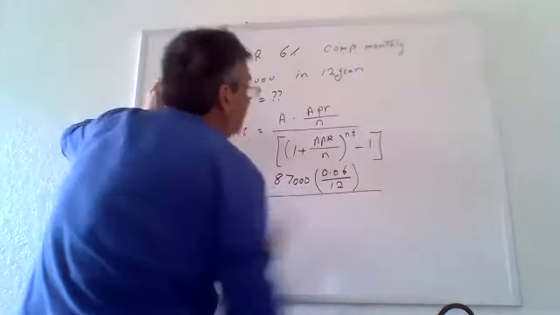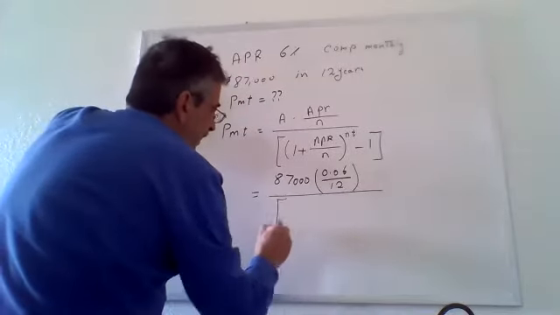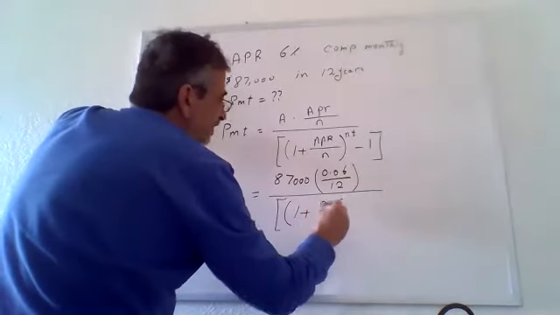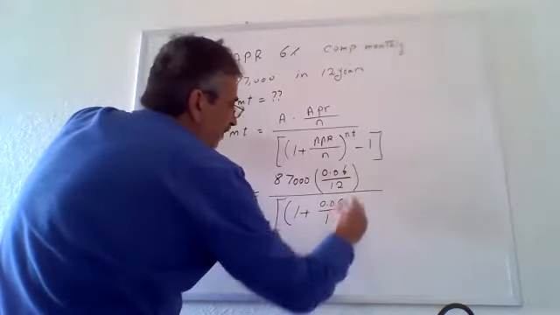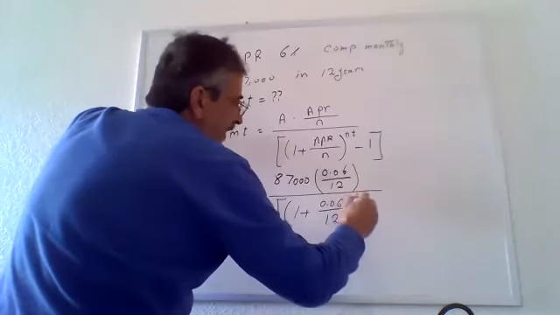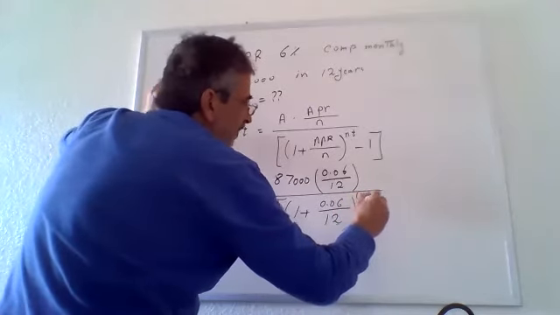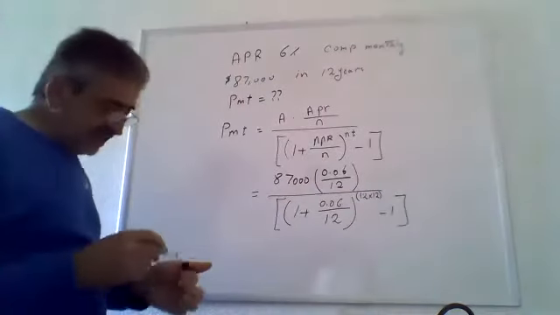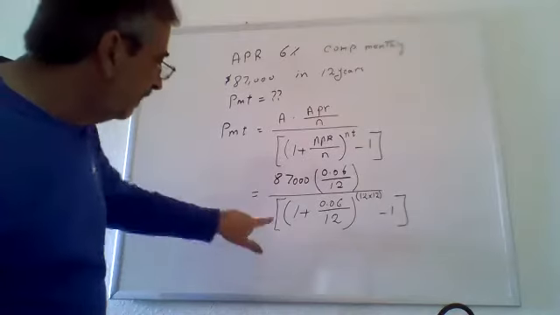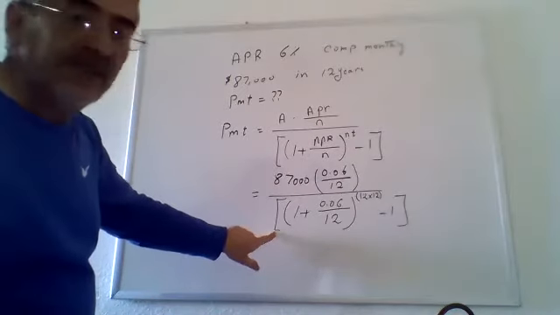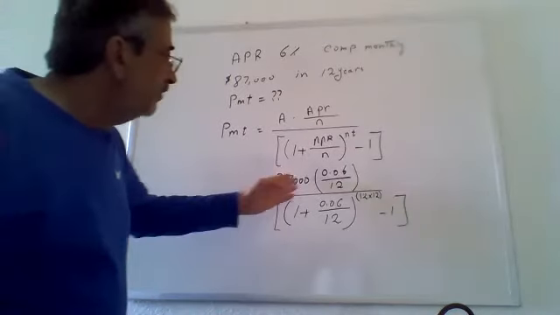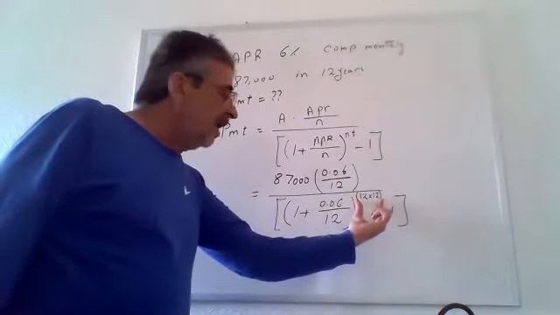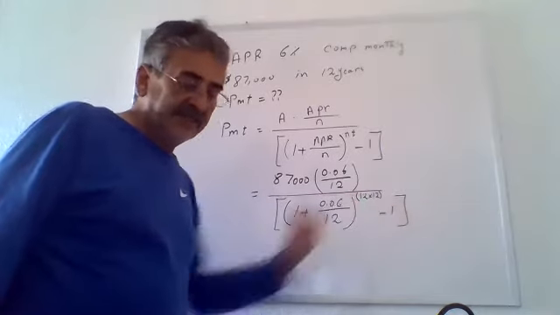All of this divided by parentheses, 1 plus 0.06 divided by 12, to the power 12 times 12, minus 1. Now, if you put this in the calculator, the brackets indicate a parenthesis. You write it exactly the same way. Notice the exponent also must be written in parentheses.